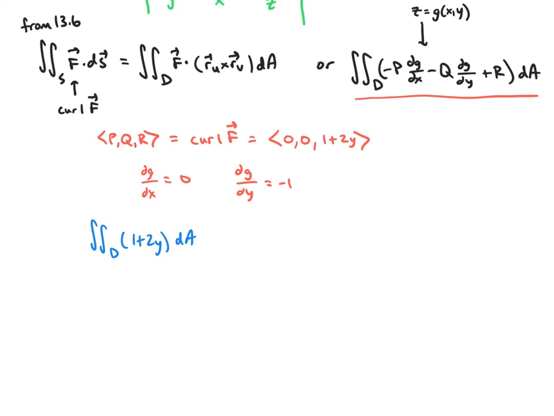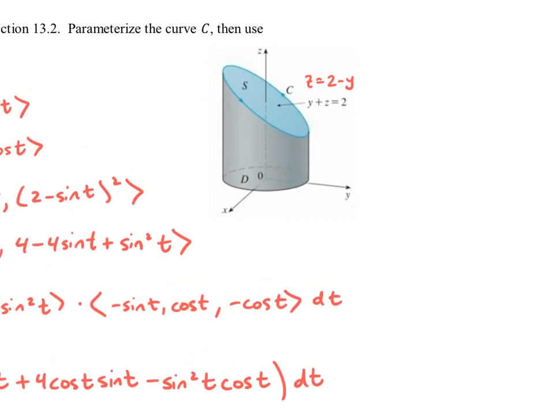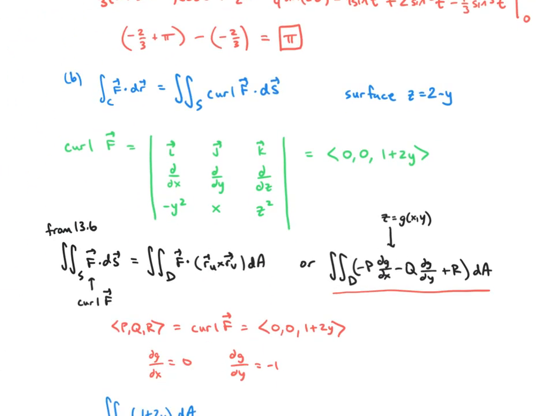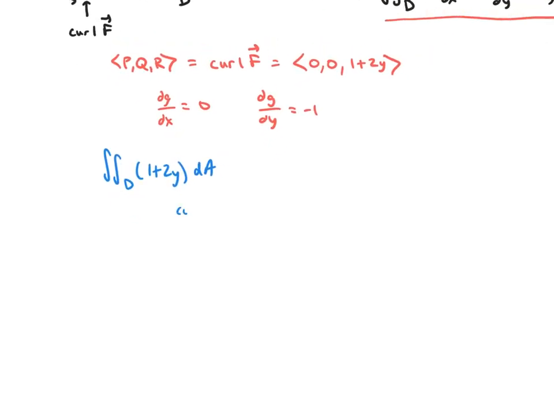All right. Now, if we go back up to our diagram, the region D is actually labeled for us. It's this region in the xy plane, which is a circle centered at the origin with a radius of 1. So in this integral, it is best for us to convert to polars in order to solve this.